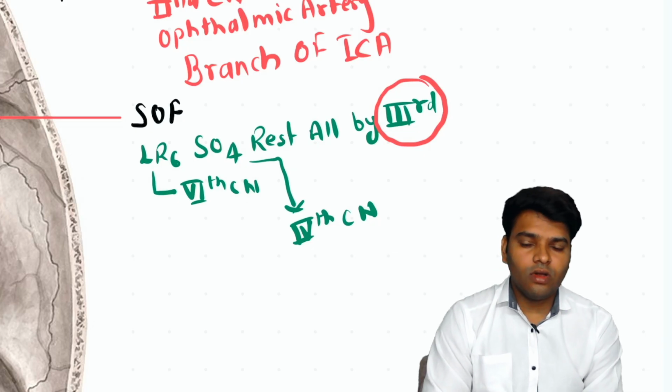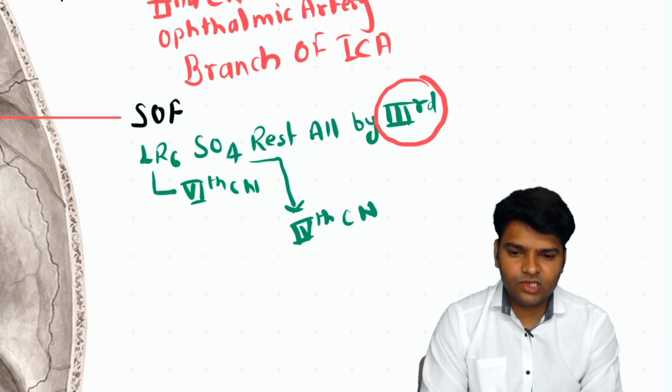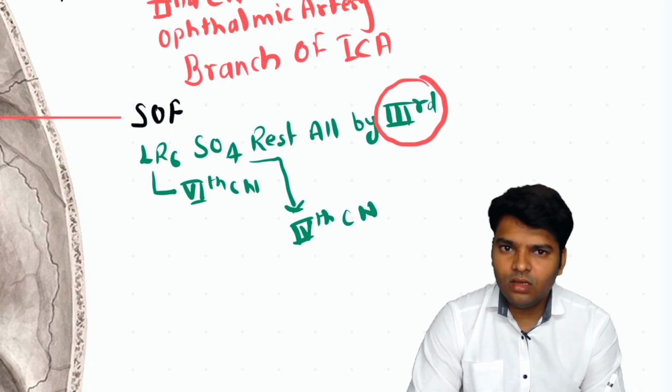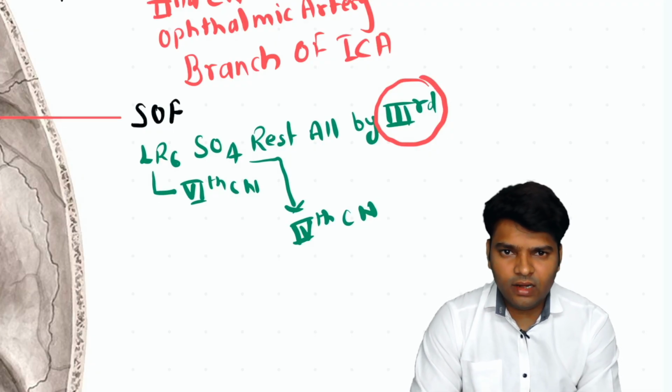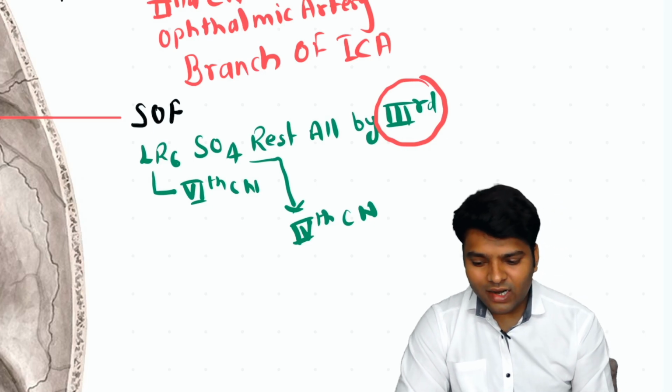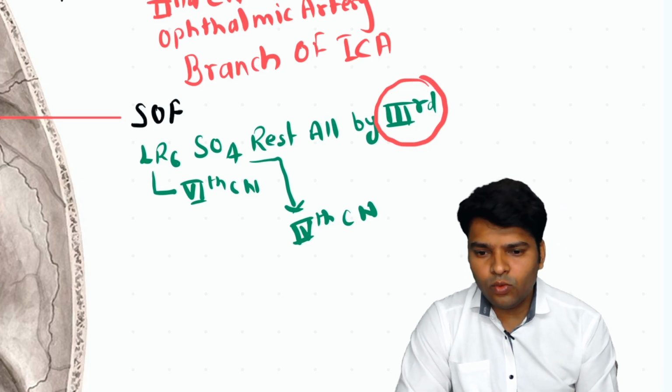So I want to talk about the superior orbital fissure. These nerves are going into the orbit and passing through the superior orbital fissure. So what are the structures passing through the superior orbital fissure?